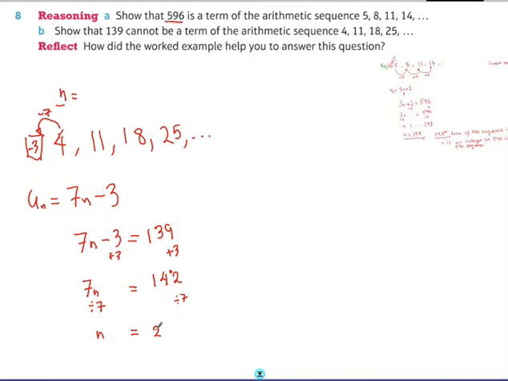So it's not a whole number. 142 divided by 7 is 20.2857.